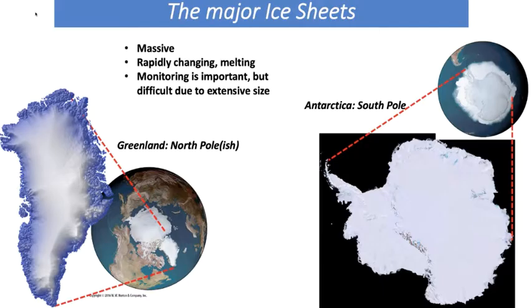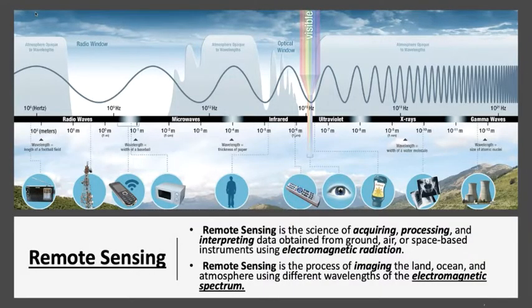You may or may not have heard of remote sensing, but you may have heard of the electromagnetic spectrum. Anytime you use anything electronic, like a radio, a cell phone, a microwave, a TV remote, or any remote, these all use the electromagnetic spectrum, different wavelengths of energy that you use electronic instruments to measure, and it sends a signal.